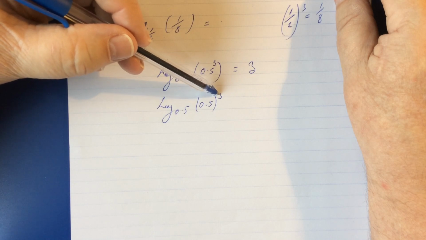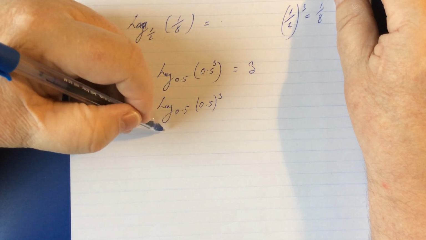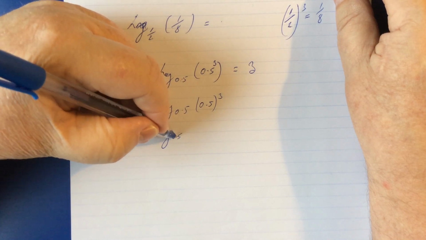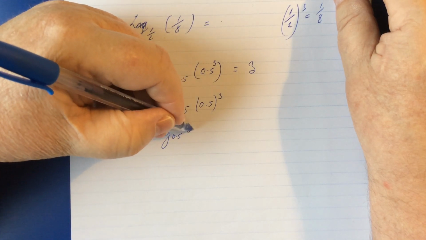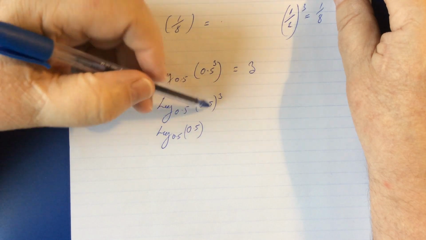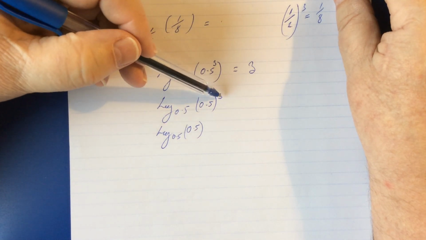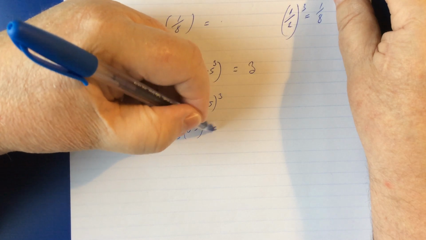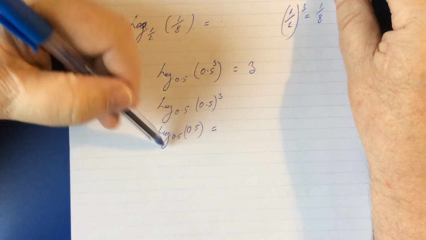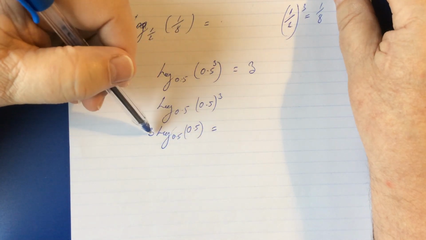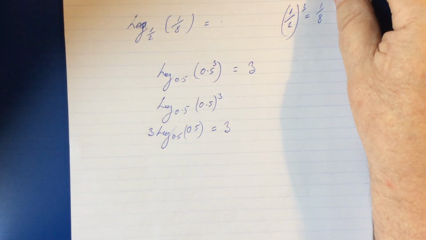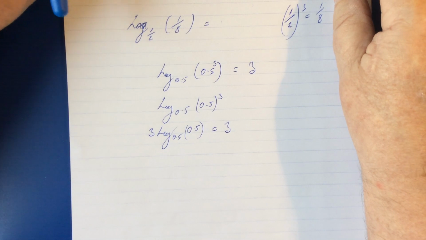This thing here can be placed at the front of our equation. That's yet another log rule. This power can move down here. And what does this equal? Well, this equals 1, and 3 times 1 is 3. So there's our answer in another way.